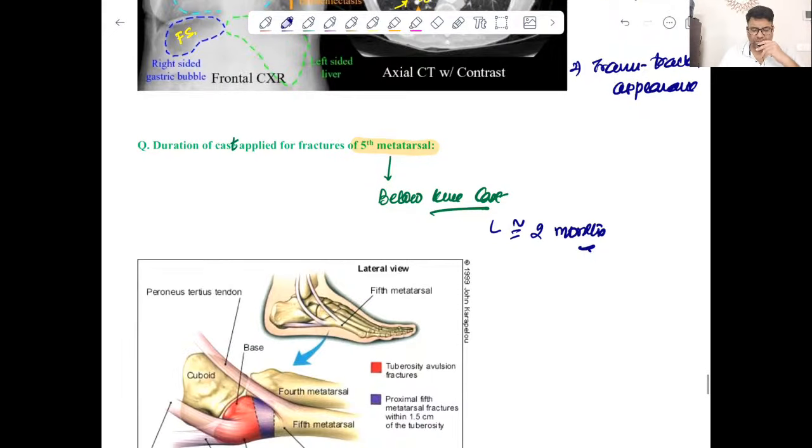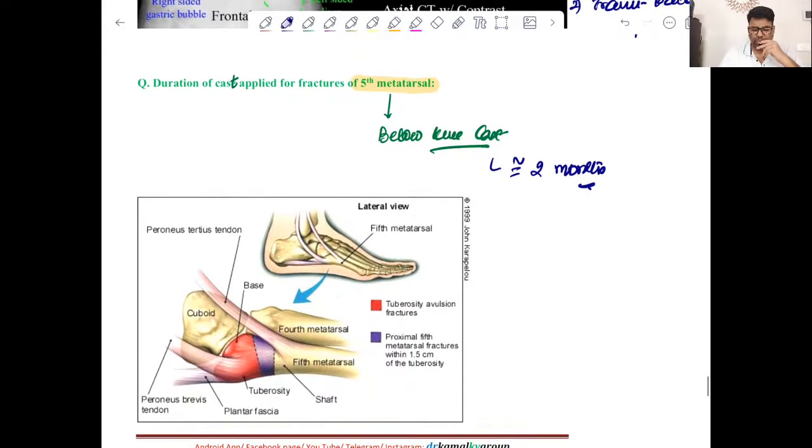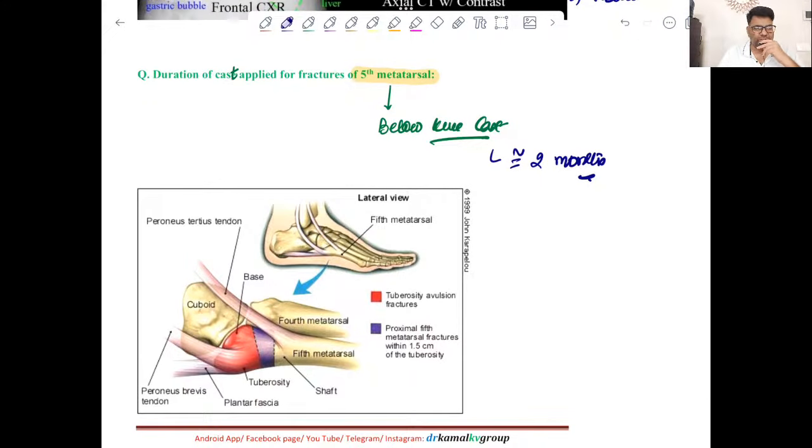Now when we discuss fractures of fifth metatarsal, you need to remember two fractures in relation to that, right? Because at the base of fifth metatarsal there is attachment of a muscle tendon, right? So this is the tendon of peroneus brevis, which is inserting onto the tuberosity of the fifth metatarsal, right?